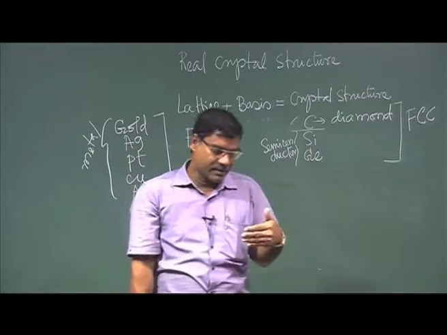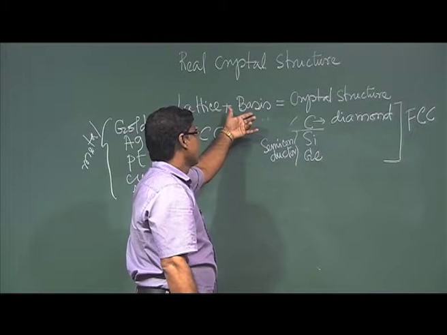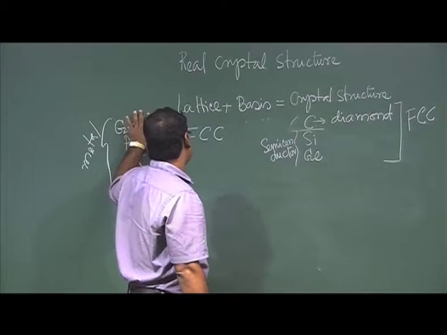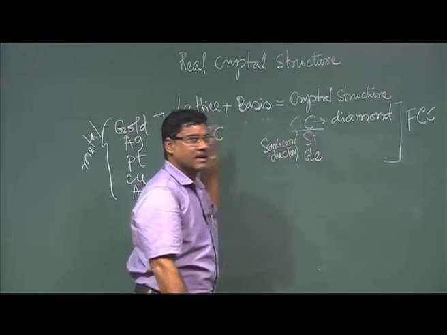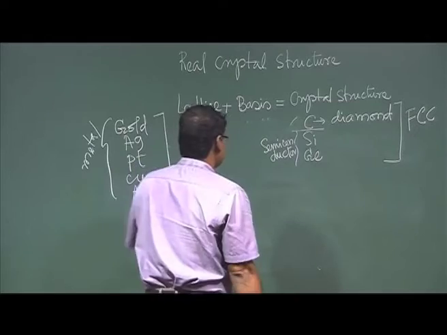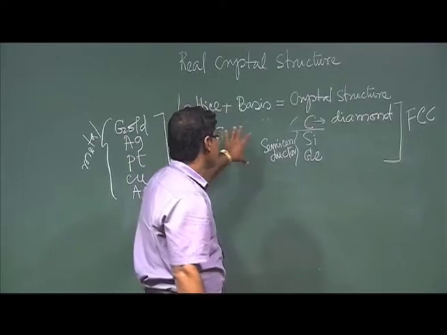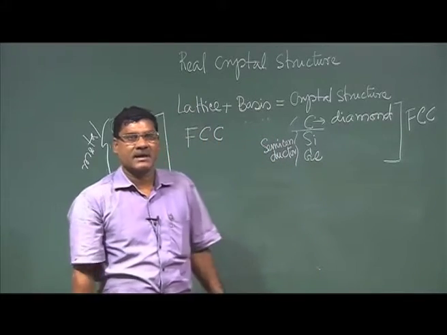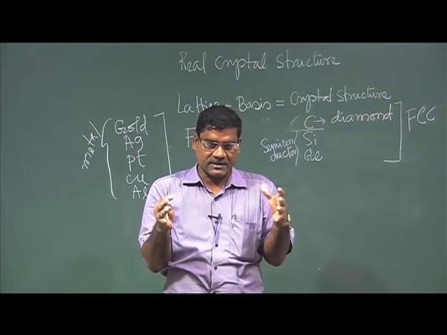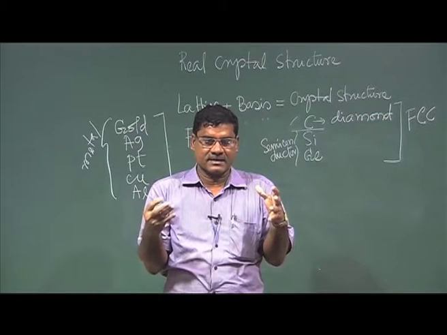So, it is different, that basis type is different, as these are different atom, but main difference structure wise comes from basically how bases are arranged in the lattice. Okay. So, main structure is FCC. So, that is Bravais lattice that is there.